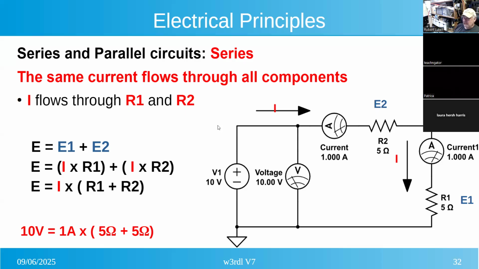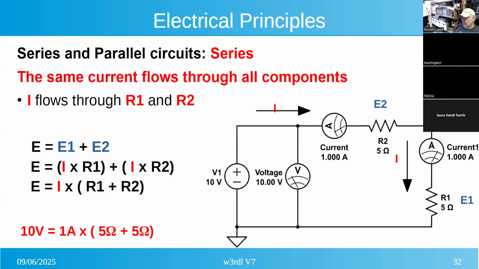So if they're in series, we add them together, and the voltage across each of the resistors may be different if they're different values, because they'll have the same current flowing through both of them.